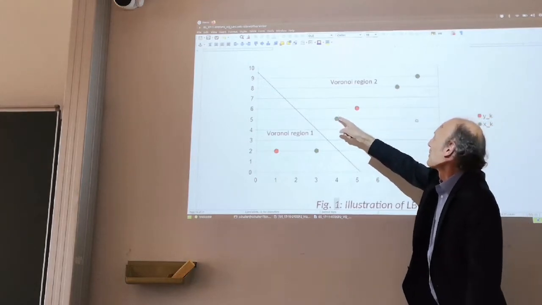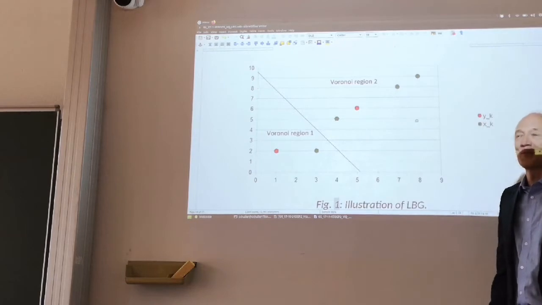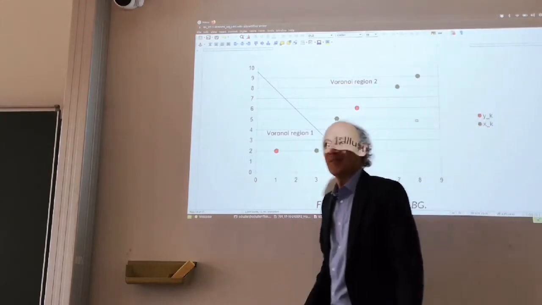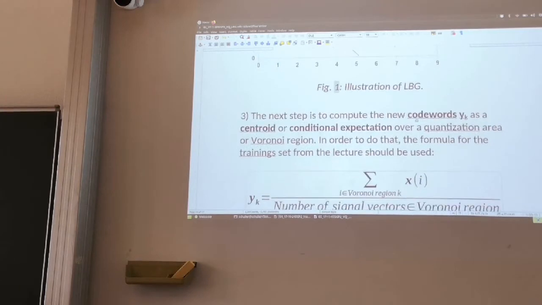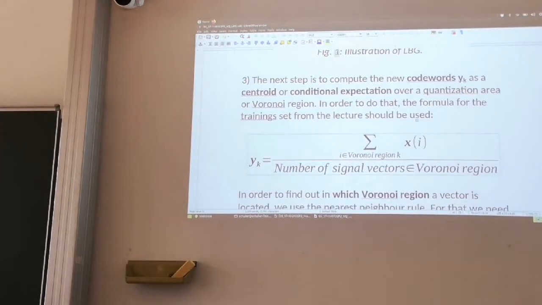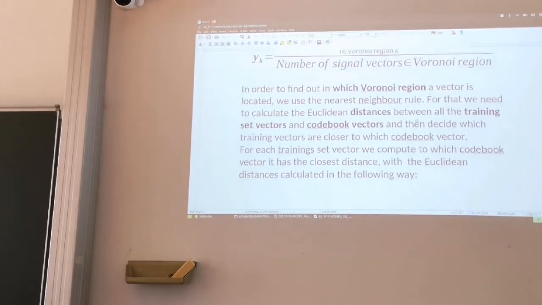So basically it should be the average between those three signal points, right? Yeah, I guess it's somewhere here. You see that? So that's what we did here. We compute the code words using this average over the Voronoi region.